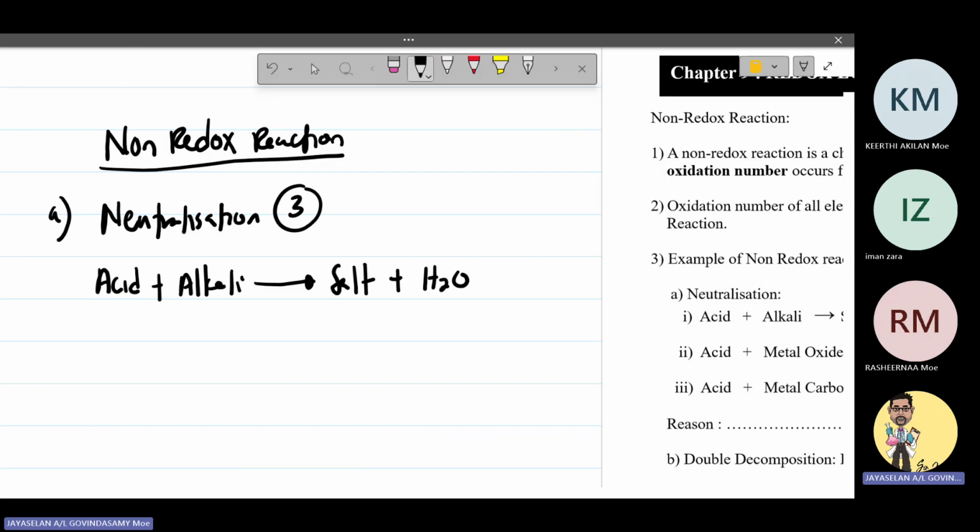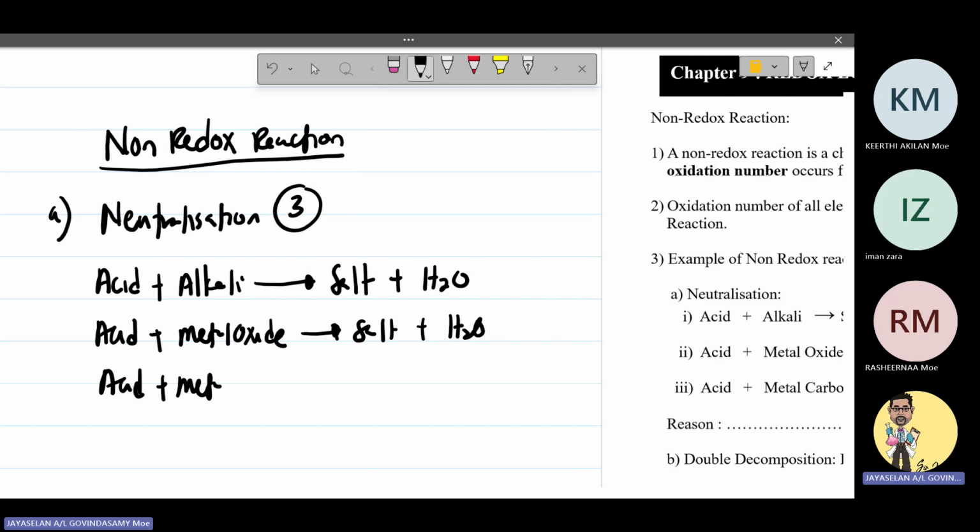This is neutralization, non-redox. Why, I will tell you later. One more, acid plus metal oxide, you will get salt plus water, non-redox. One more, acid plus metal carbonate, you will get salt plus carbon dioxide plus water. This is non-redox reaction.